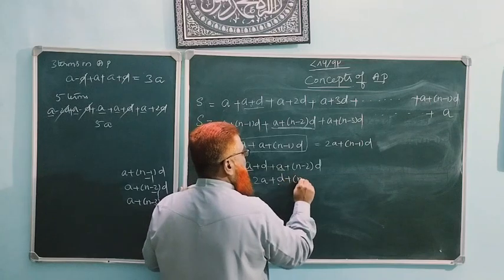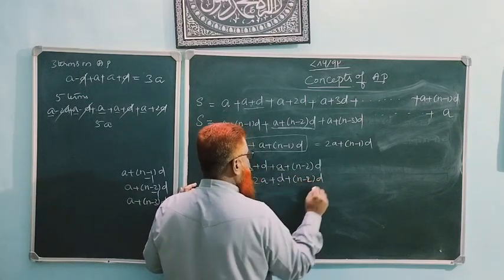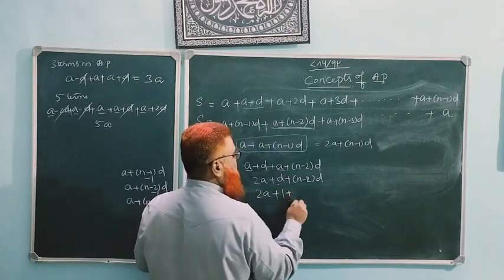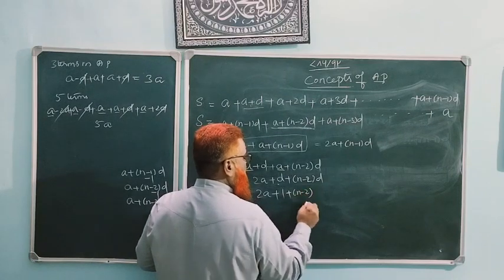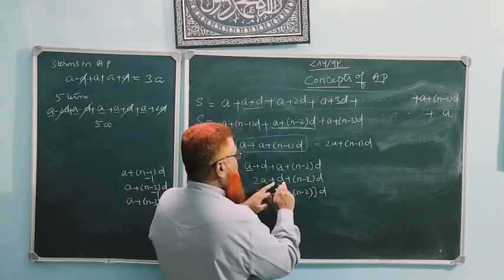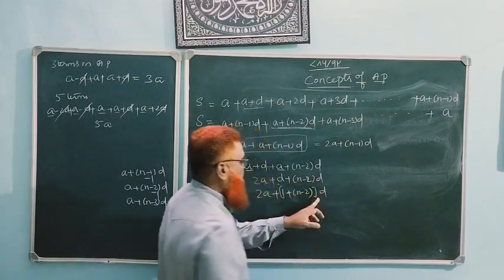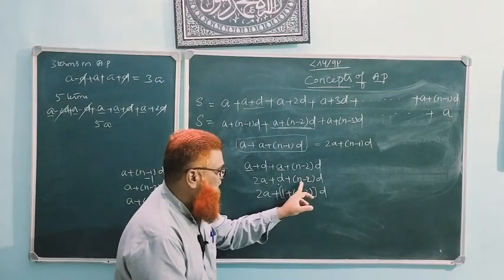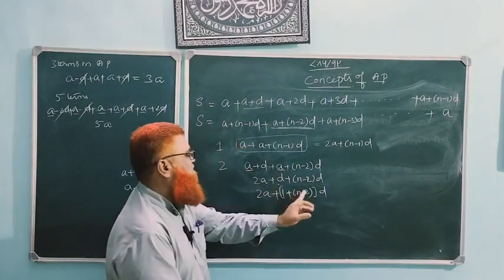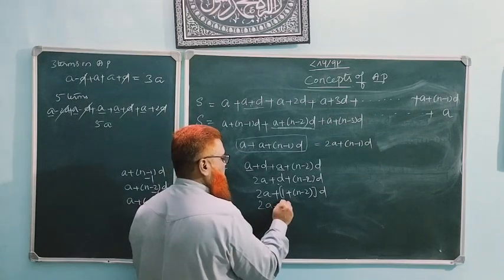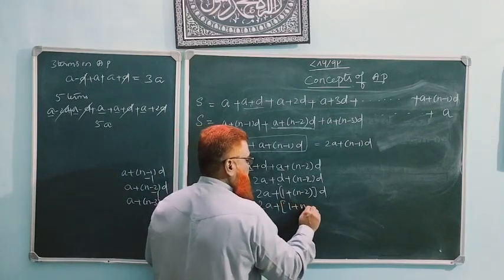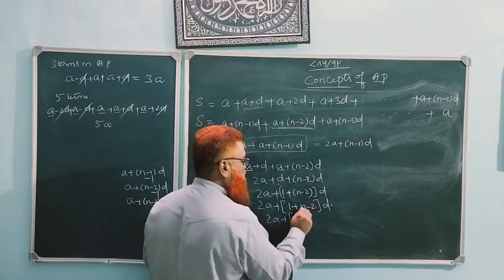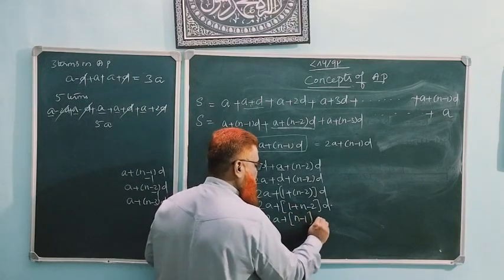Plus D plus (n minus 2) into D. So 2A plus (1 plus n minus 2), and D is taken as common outside. From D, it is 1; from (n minus 2) into D, it is just n minus 2. Then 1 plus n minus 2 is n minus 1, into D.